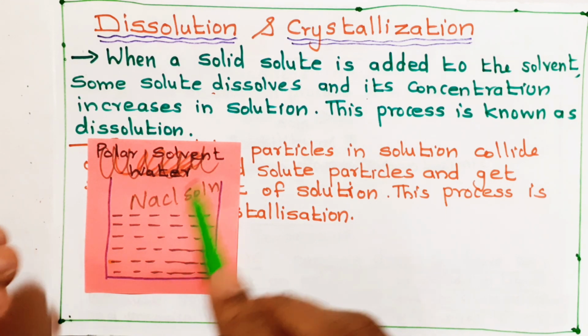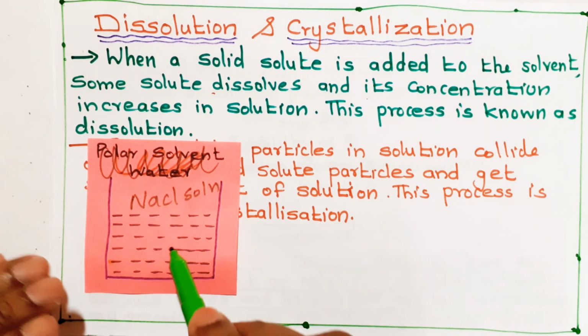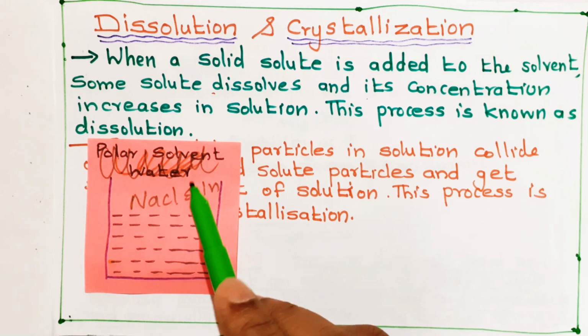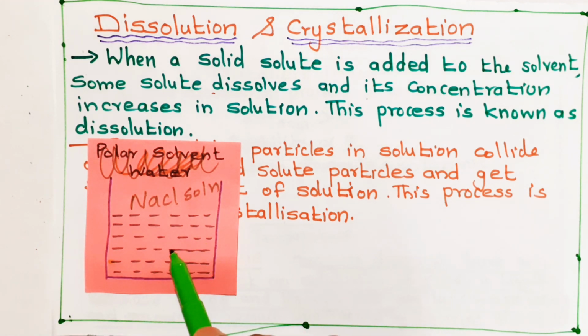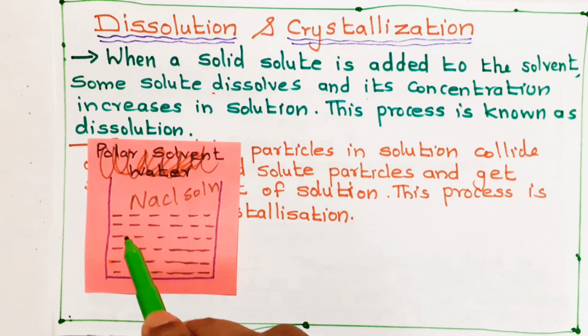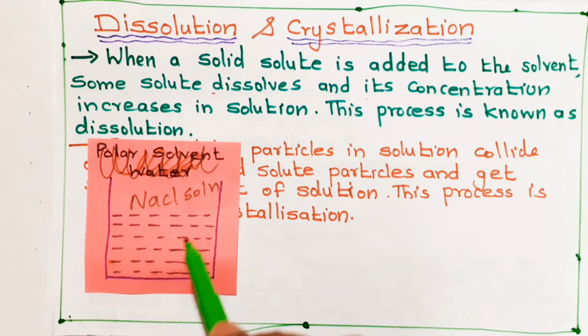Once the sodium chloride solute has dissolved into this water, we cannot see the sodium chloride crystals over here. That means in this sodium chloride solution, sodium chloride solute is present. There is a lot of sodium chloride solute present here, but it is not visible. Now, this solution is called sodium chloride solution.